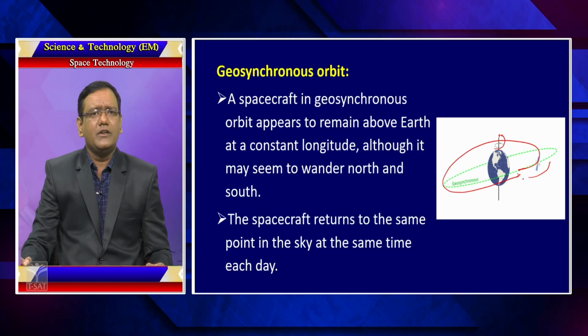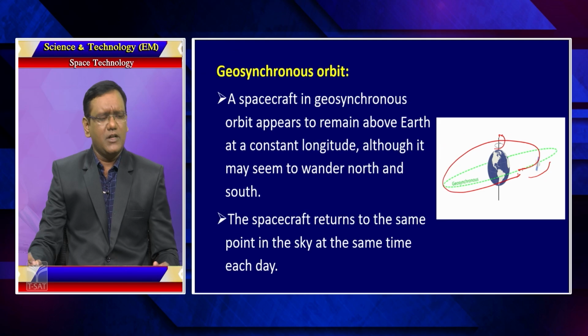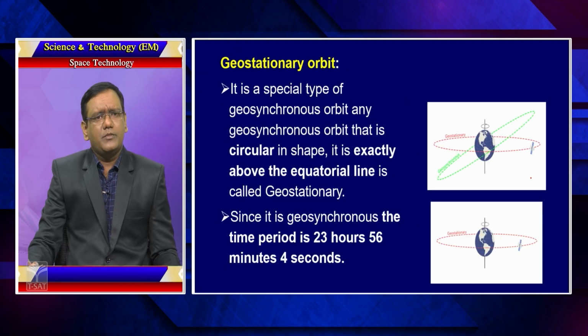So the time required to complete one full cycle is called a time period. When the Earth and the orbiting satellite have the same time period, then obviously it would look constant if you look at the satellite from the Earth.